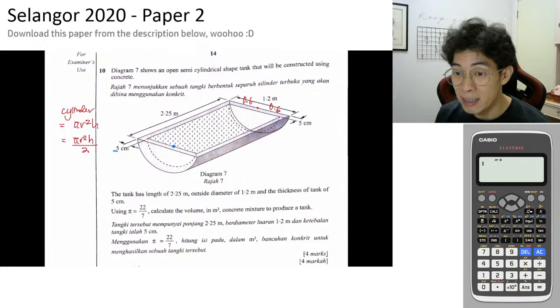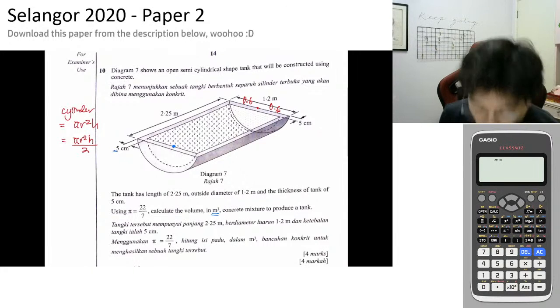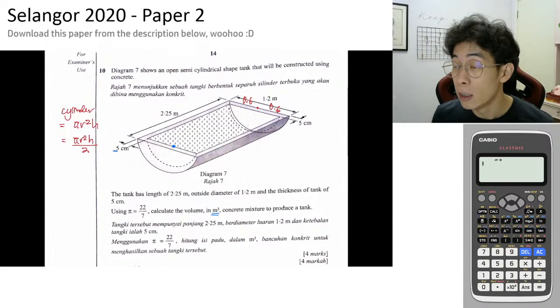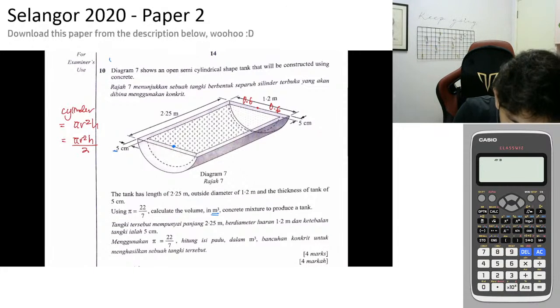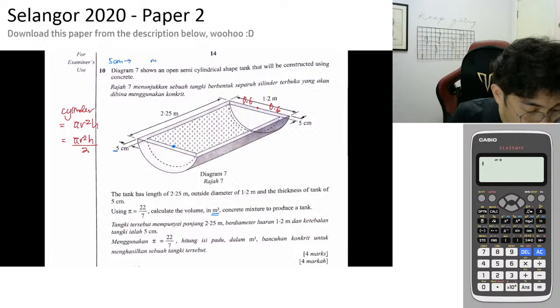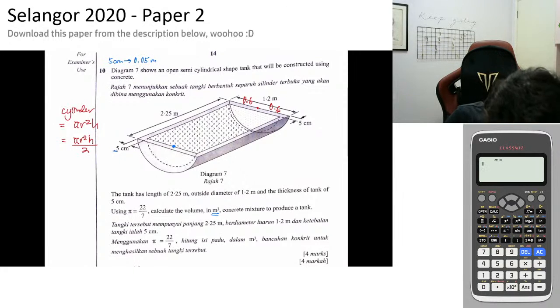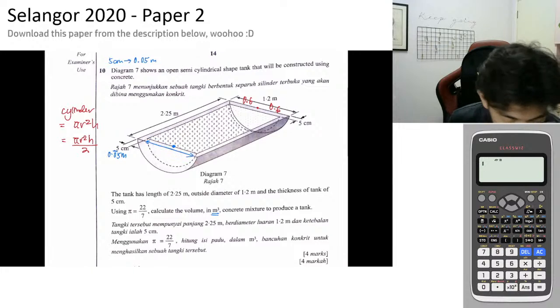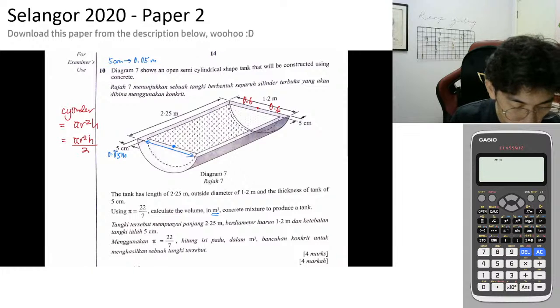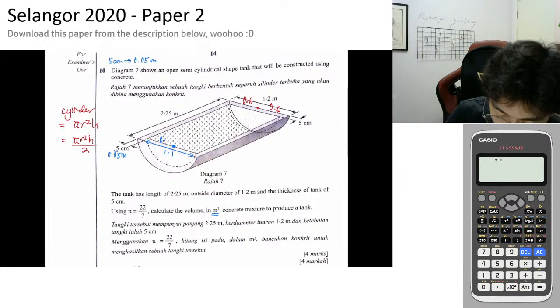In this case, they put meter cube, so I will change the 5 cm to meter. 5 divided by 100, the answer will be 0.05 meters. So for the inner part, I would say 1.2 minus 0.05 minus 0.05. I will get 1.1, and 1.1 divided by 2, I get 0.55.